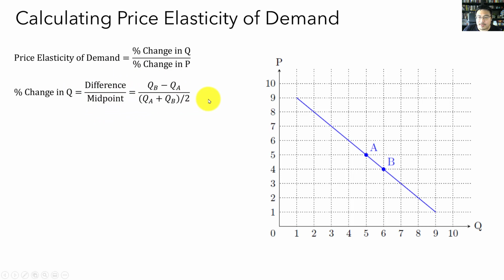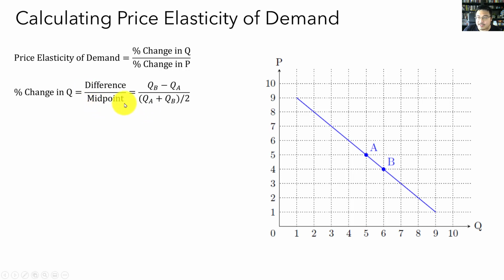Now, some of you might be thinking, isn't percent change equal to the difference divided by the initial value? Yes, that is the normal definition of a percent change. But the standard in most intro economics textbooks is to calculate percent changes using the difference divided by the midpoint instead of the initial value.